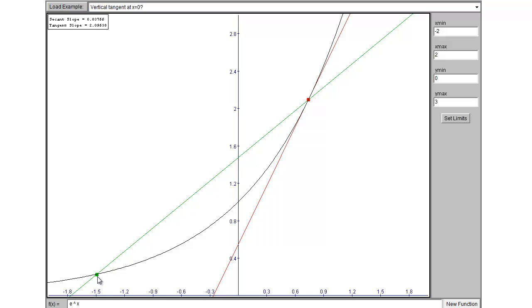You can think of this as x, and this is a, and this distance is x minus a. And as we move x to the right, it causes the point to follow the curve. So x is now getting closer and closer to a, and we see that the slope of the secant line is starting to approach that 2.